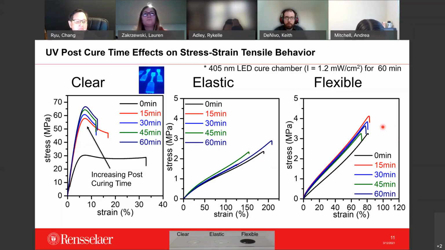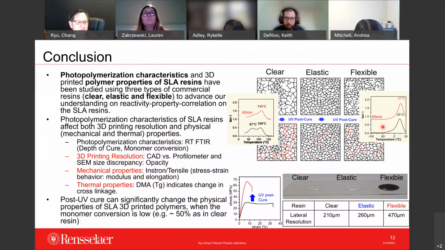So in conclusion, we showed how 3 different resins have very different network structures, and how post-curing can increase the cross-linking within these network structures, and this affects its mechanical properties and thermal properties. So ultimately what we wanted to show was how the FTIR can give us information about these network structures.